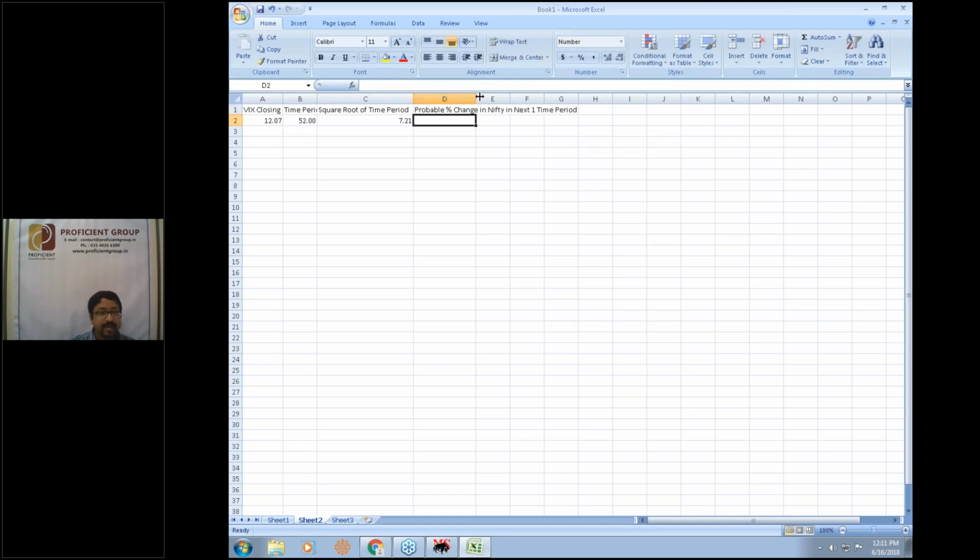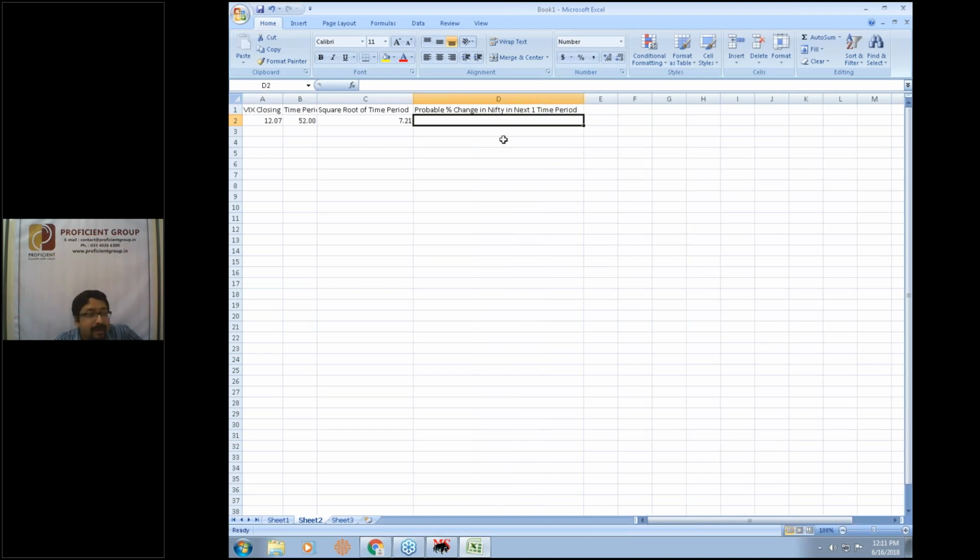For us, this next one time period is actually 1 week. So what is the probable percentage change in Nifty? We will just divide the value of VIX by the square root of the time period. So we are getting 1.67, and this is the probable percentage change in Nifty in the next 1 week.